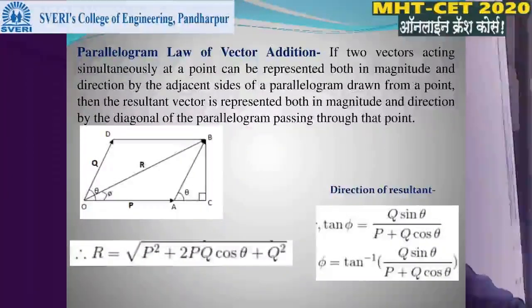See here in that figure there is one parallelogram, one side Q, other side P, diagonal R. If we go to find out R, then using the formula R is equal to under root P square plus 2PQ cos theta plus Q square, or the direction of resultant tan phi is equal to Q sin theta divided by P plus Q cos theta, or phi is equal to tan inverse of Q sin theta divided by P plus Q cos theta.